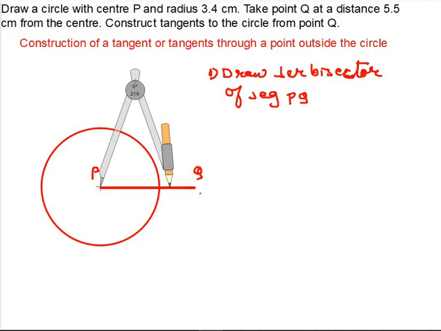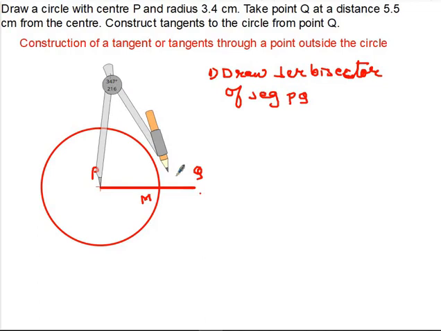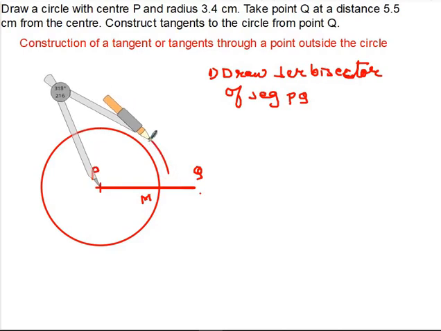Suppose I give the name here point M. Take the compass above line PQ and make a mark above the line PQ.